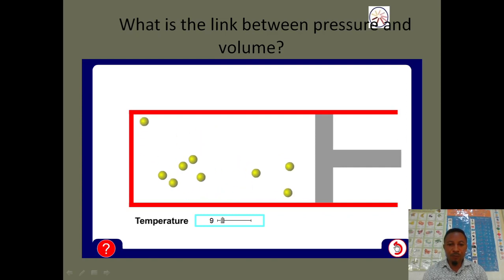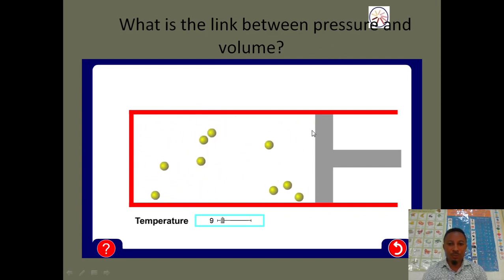They move about randomly. Can you see that? In a zigzag manner, hitting the walls, right? And we say because they are hitting the walls, they are exerting what? Pressure on the walls, isn't it? So the pressure is actually due to the collision, the force they use to hit those walls around.